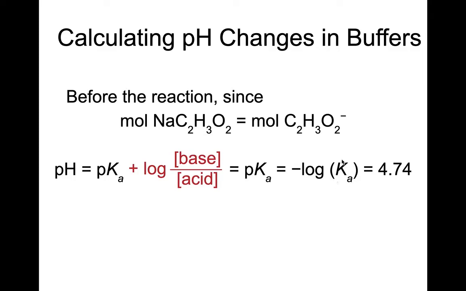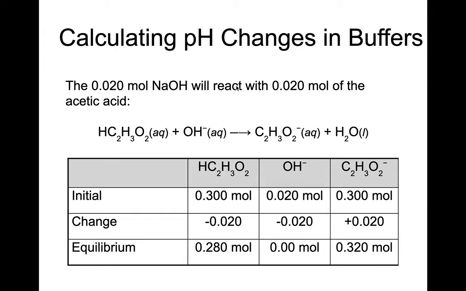We can calculate Ka from this piece of the equation. We undo the log by taking 10 raised to that negative power, which would give us Ka.